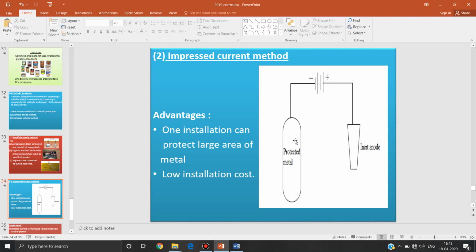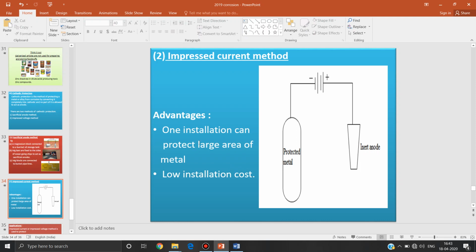The cathode is connected to the cathode of the external energy source, and the anode to the anode of the external energy source. By supplying current greater than the corrosion current, it is called the impressed current method. The cathode is unaffected, only the inert anode will undergo corrosion.